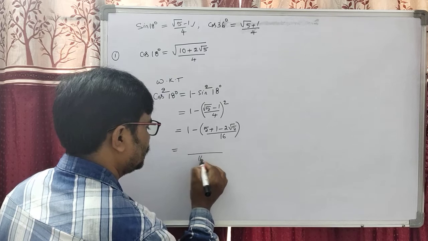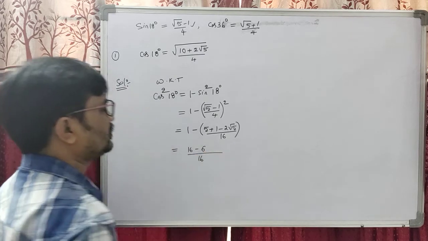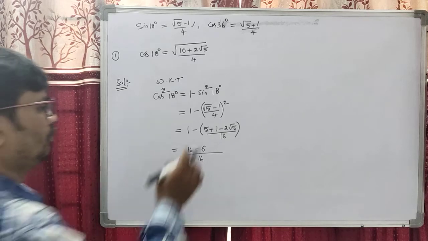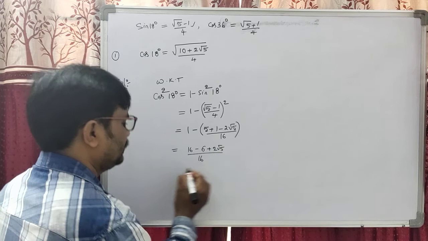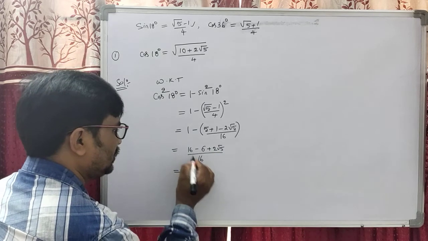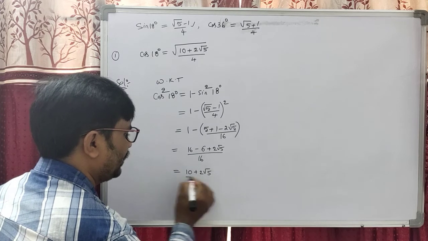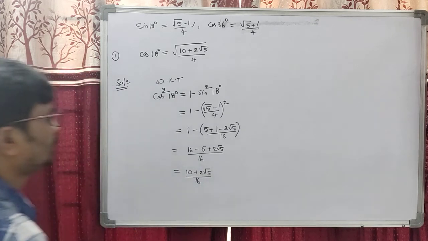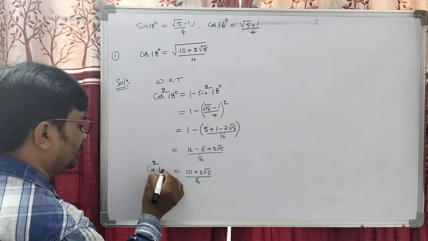Therefore 16 into 1 is 16, minus 6, minus into minus plus 2 root 5. This is 16 minus 6, (10 plus 2 root 5) by 16. This is the value of cos square 18.